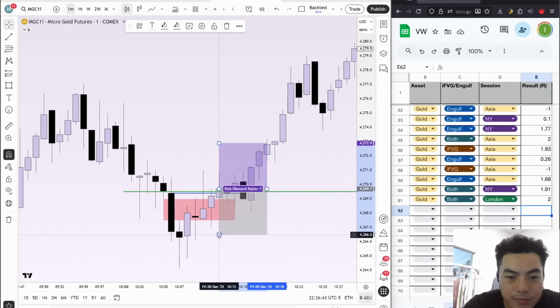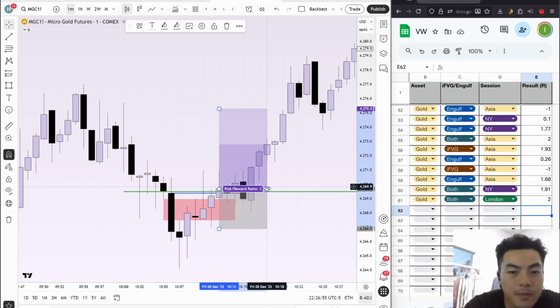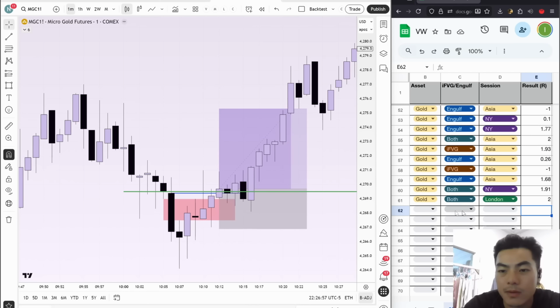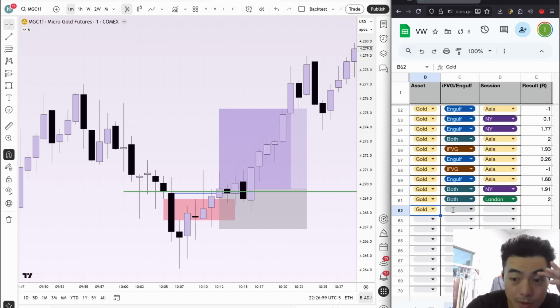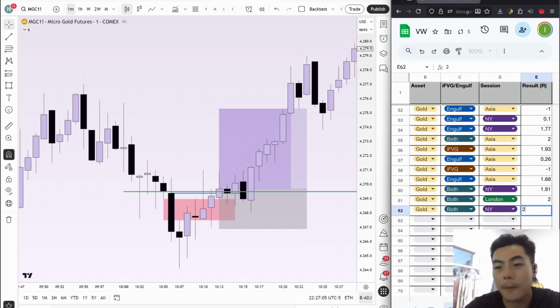Long there, stop below this swing low, targeting these highs on the left. But of course, maximum of 2R. Bang. Very nice. Gold. Oh, intruders. What's that? Purple in New York. 2R. Nice.